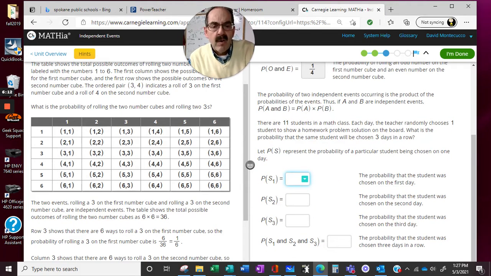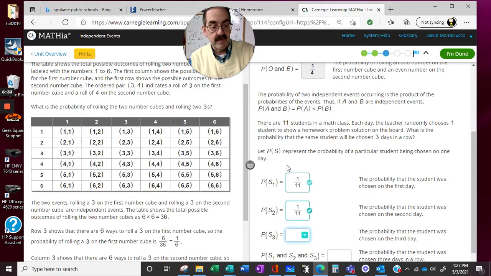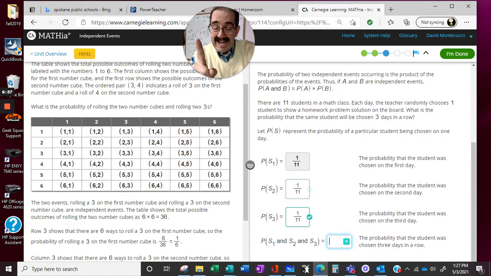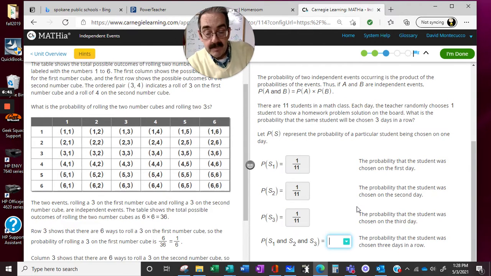Now, there are 11 students in a math class. Each day the teacher randomly selects one student to show the homework problem on the board. What is the probability that the same student will be chosen 3 days in a row? Well, the probability of choosing me is 1 out of 11, and it's 1 out of 11 each time.